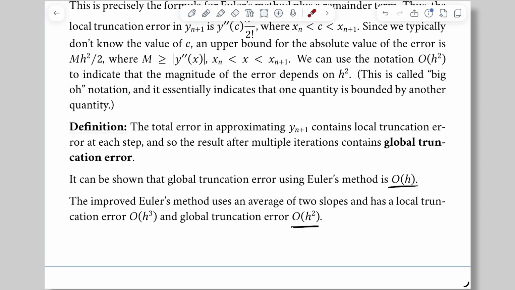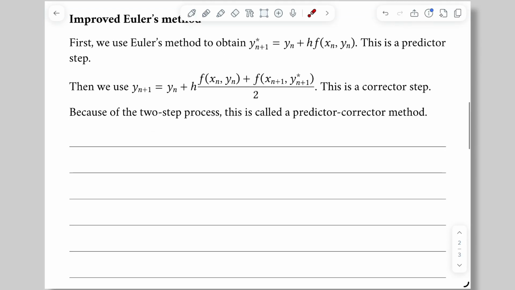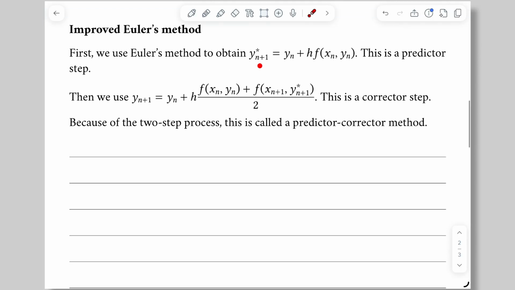Now for Euler's improved method, but actually let's back up. The problems that we're solving here are of the form y prime is equal to f of x, y. Remember that f of x, y gives us a slope because that's what y prime is, at a point x naught, y naught. The improved Euler's method says, okay, generate a y sub n plus 1 star using Euler's method. Set that aside.